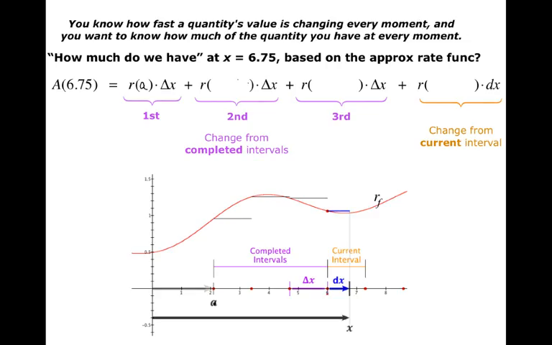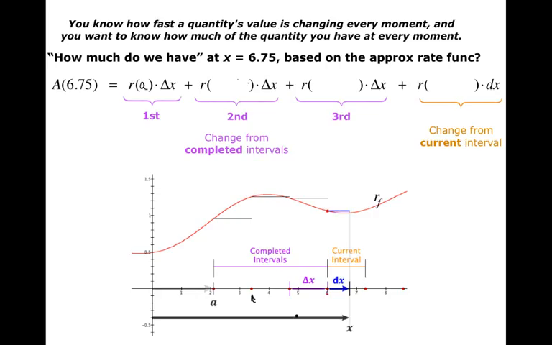If I put a into the rate function, I'm going to have that constant rate. What about the second interval? What x value am I going to plug into the rate function to get this rate right here to be the constant rate for the whole interval? How would you express that x value right there?